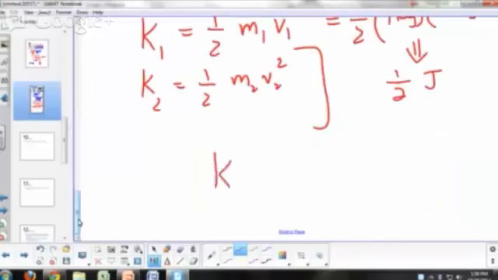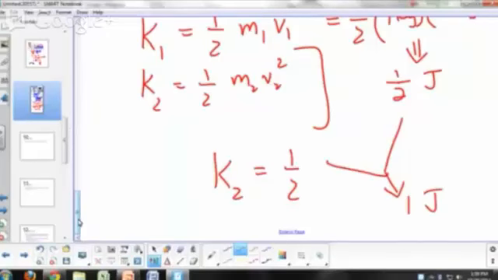What's the kinetic energy of particle number 2? Also 1/2 joule. What's the sum of the two? 1 joule. Same sum. Two different ways of looking at the total energy of your two particles. You can say particle 1 and particle 2 both have kinetic energies of 1/2 joule, or you can say the pair as a whole has 0 translational energy, but they have a relative kinetic energy of 1 joule.